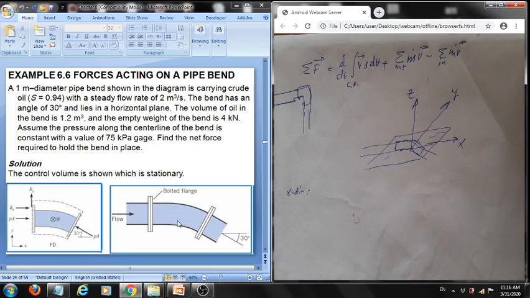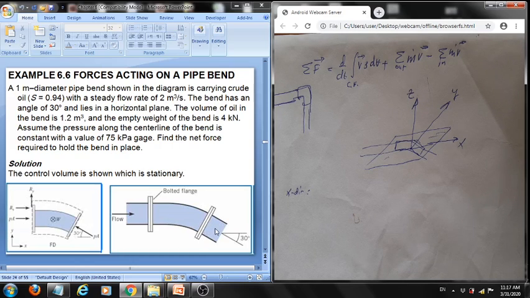Okay, before we do that we need to follow the steps. As done in the diagram, he's taken the bend by itself and he drew the control volume as you see. Okay, remember when we cut through the pipe here we have fluid pressure. Fluid pressure times area, that's pressure force. Similarly also we have pressure here.